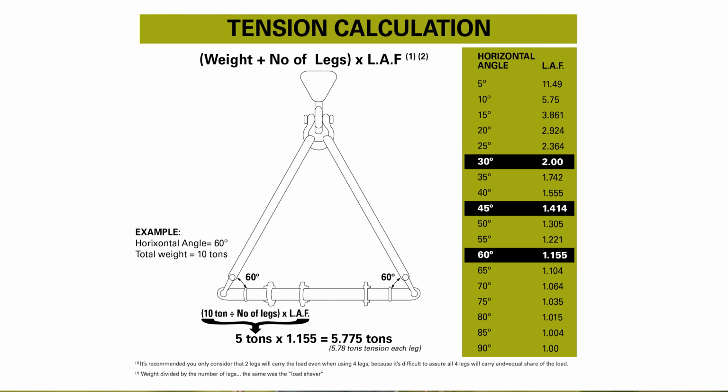To determine the correct sling capacity, you need to calculate the load angle factor, or LAF, or tension factor, TF. Start by measuring your sling angle, or the ratio of sling length, L, to height, H. Using an angle chart, you can determine the correct sling rating for your lift.